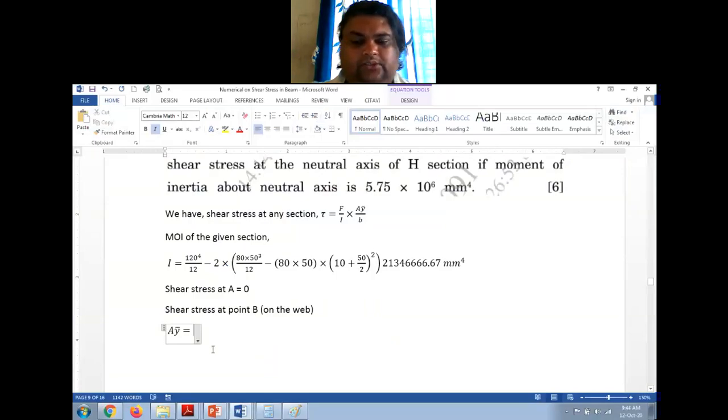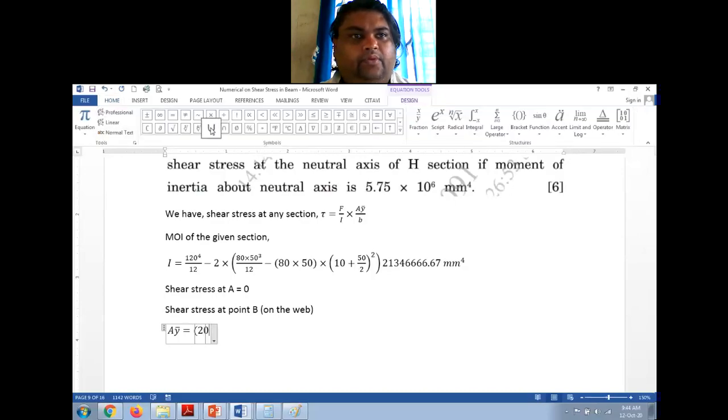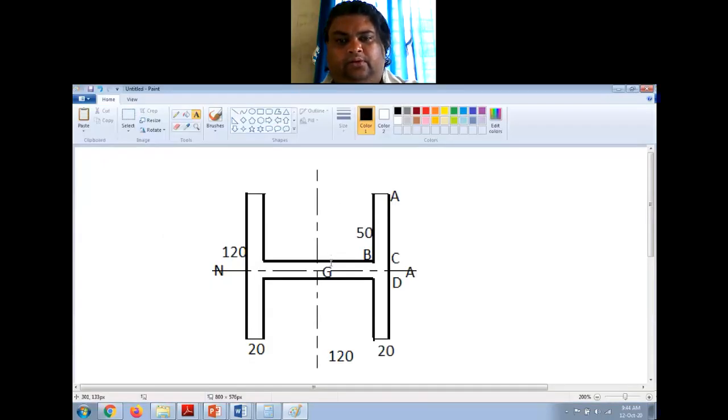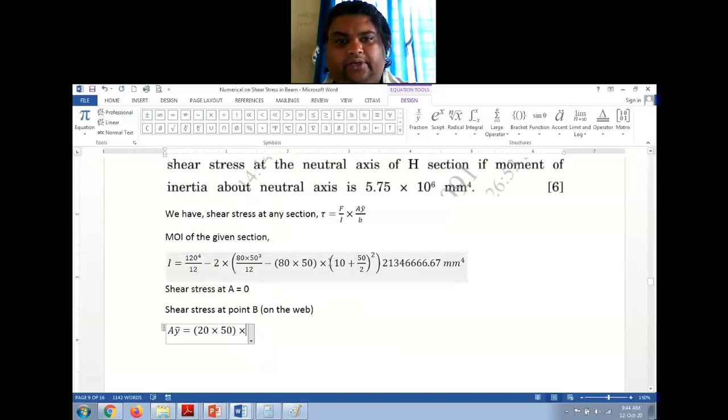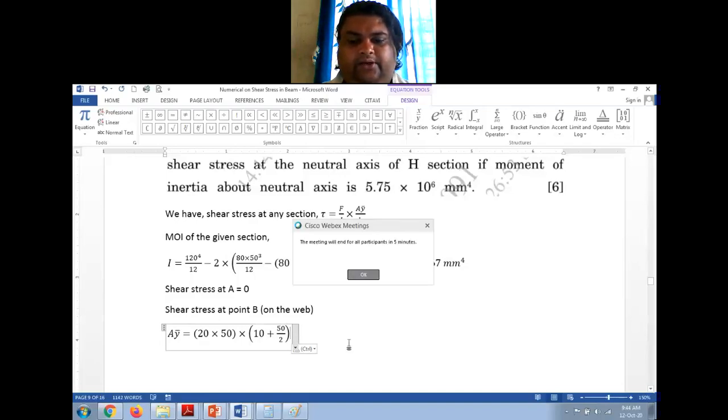So it is 20 into 50, that is my area, into y bar. Now y bar is 10 plus 50 by 2. I did that here. I'll just copy 10 plus 50 by 2.